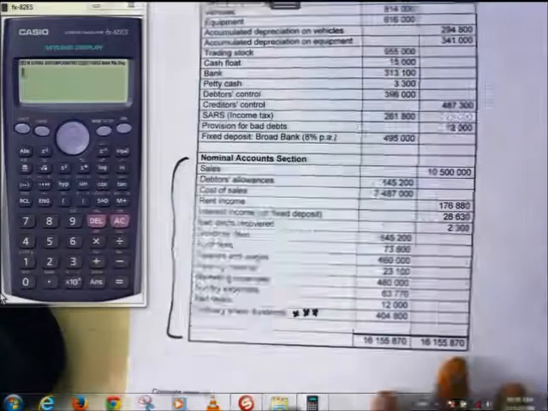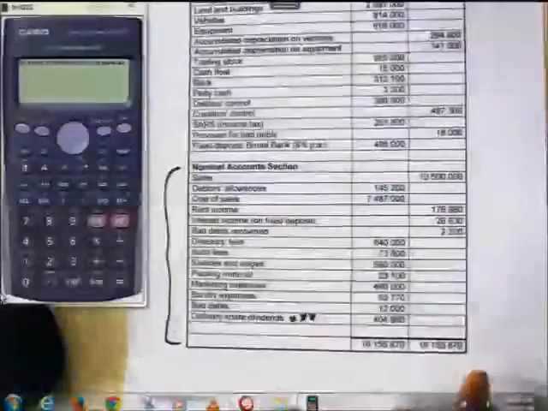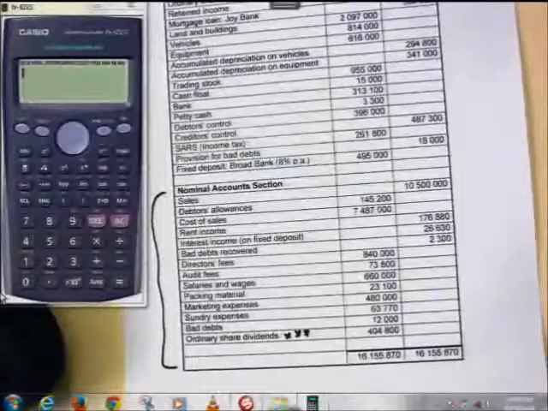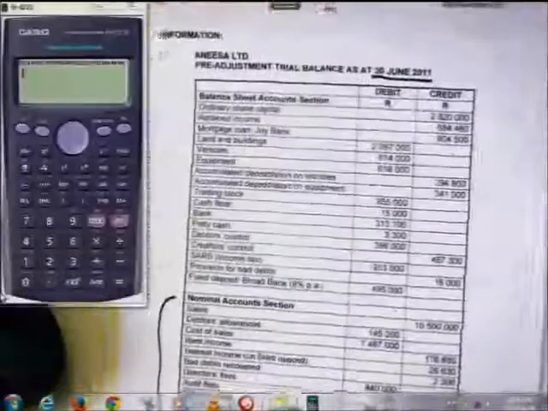The question says we must prepare the income statement, and we are given the trial balance as well as the adjustments, adjustment A up to adjustment J. Now let's check. This is our answer sheet. Remember, we said we must first check the information as given and how to use the brackets.